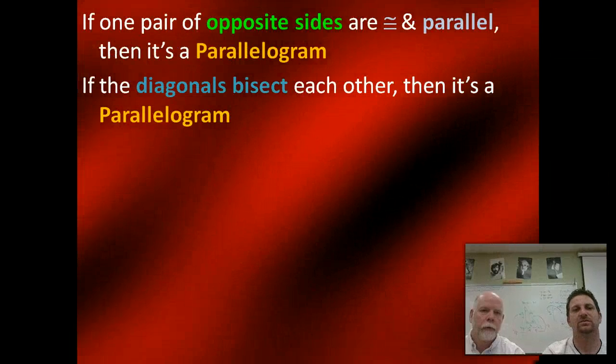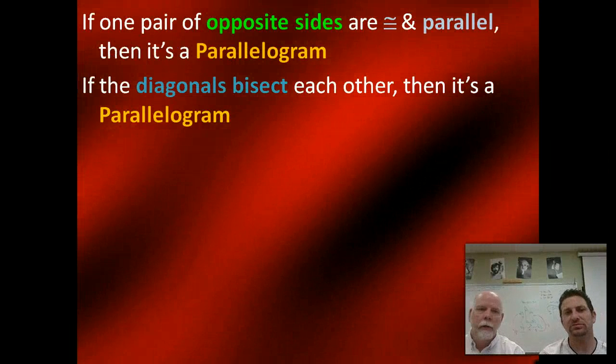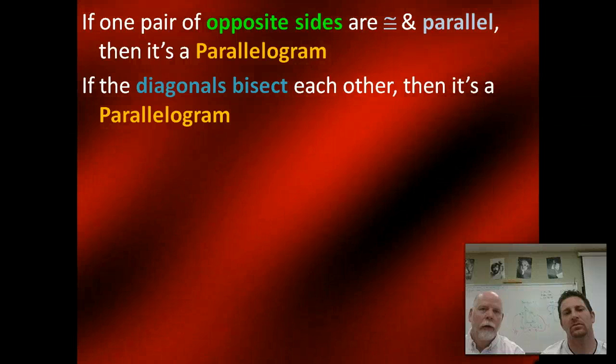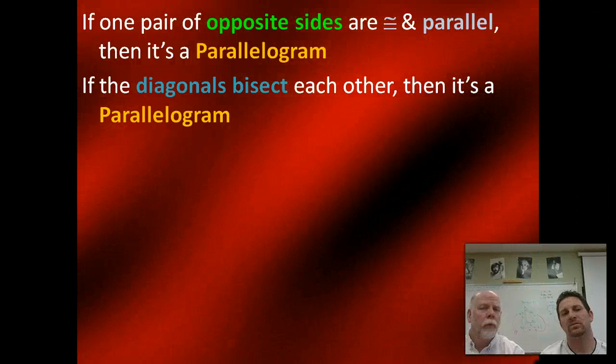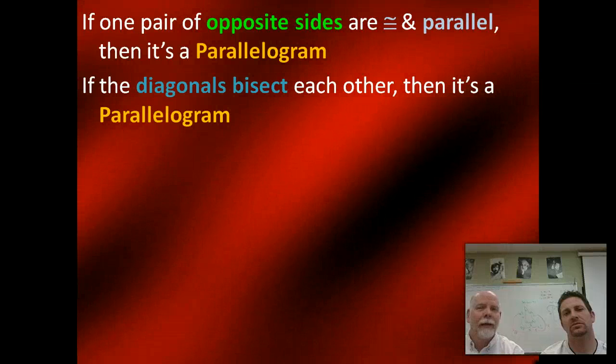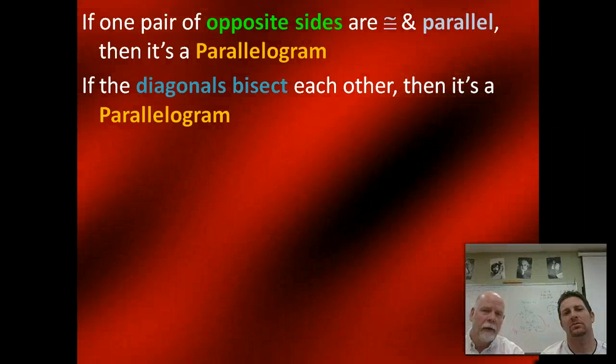Then we're going to keep going with the ones from the last video. This one's new. If one pair of opposite sides is both congruent and parallel, that forces the other pair to also be that way.